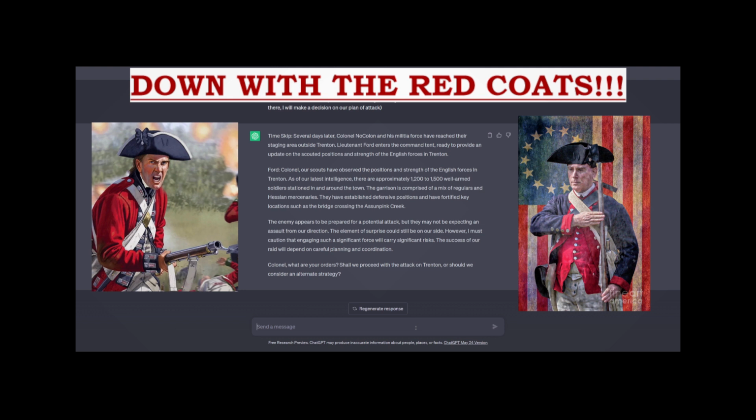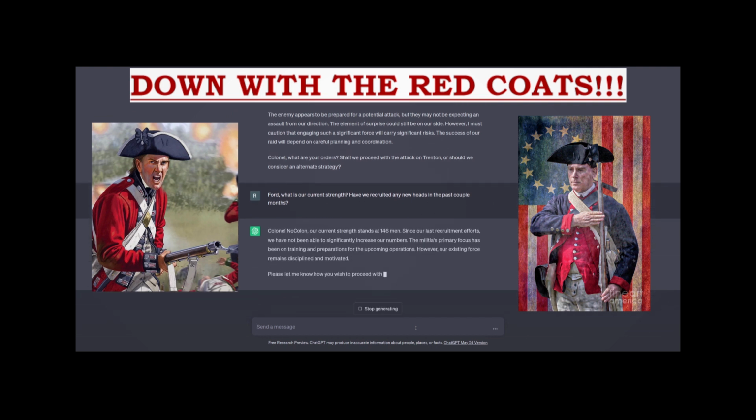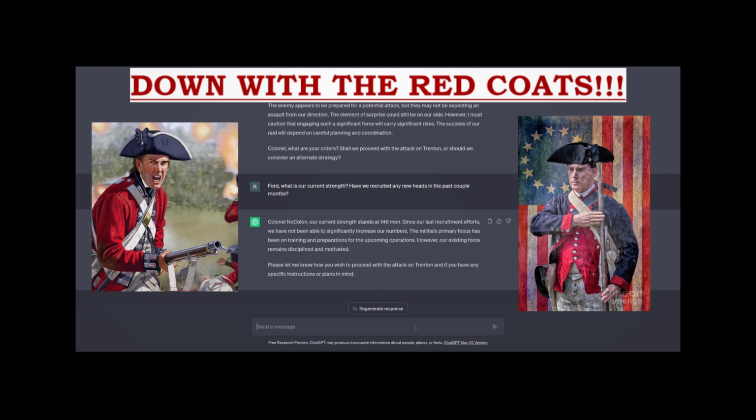Ford, what is our current strength? Have we recruited any new hands in the past couple months? Okay, so we have 146 men, facing roughly 10 times our number. Primary focus has been on training and preparations.